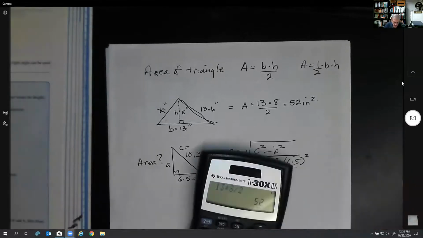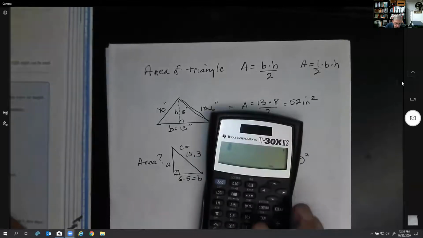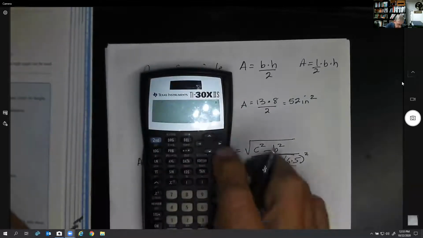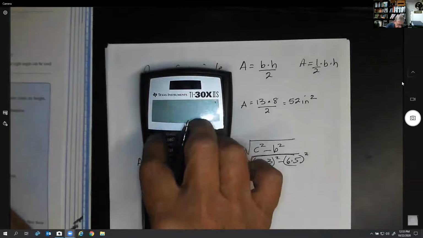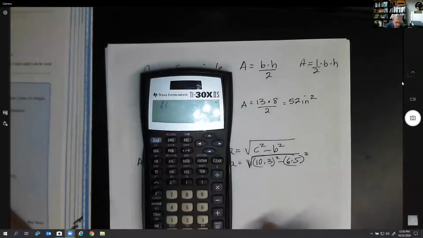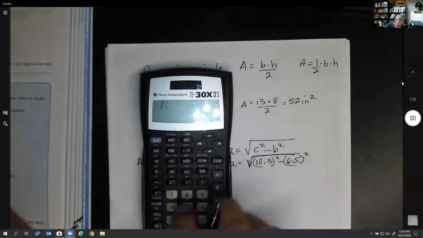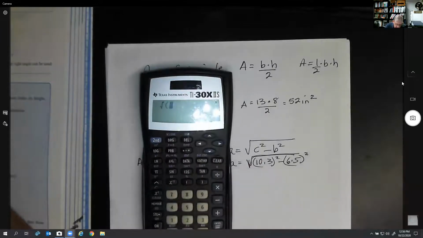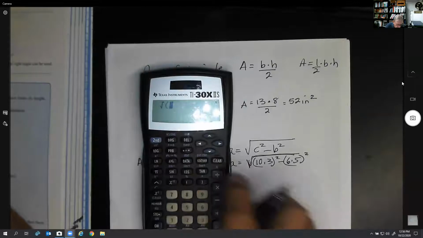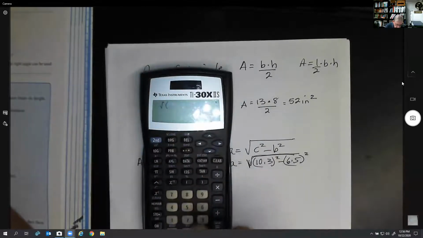So I'm going to enter this into my calculator this way. I'm going to hit the second x squared to get the square root. I'm going to put it in just the way it's written with the parentheses. Well, I think I can do it without the parentheses.